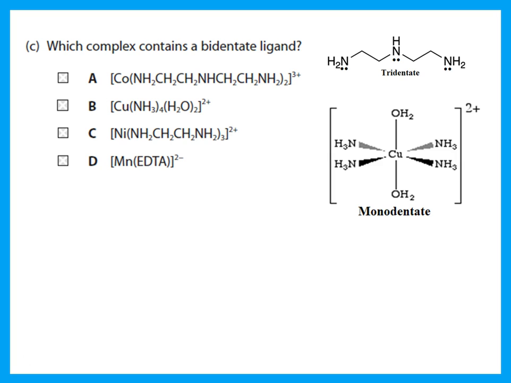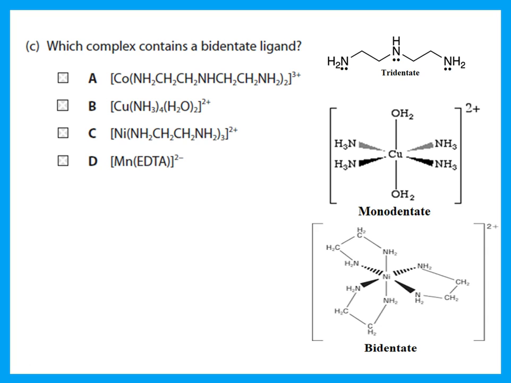What about these? These are ammonia and water. Each of them is a monodentate ligand. Each of them has only 1 lone pair of electrons that makes 1 dative bond to the central ion. So ammonia is a monodentate ligand, water is a monodentate ligand.